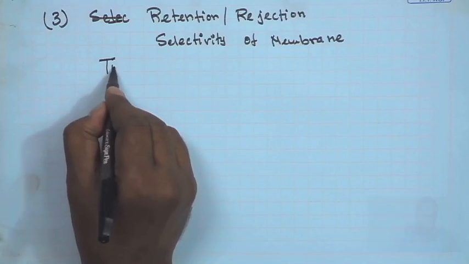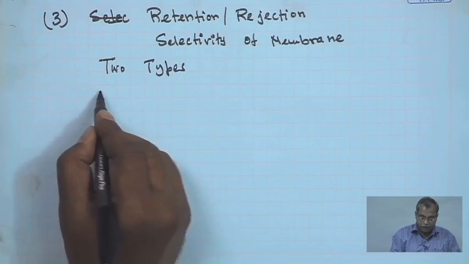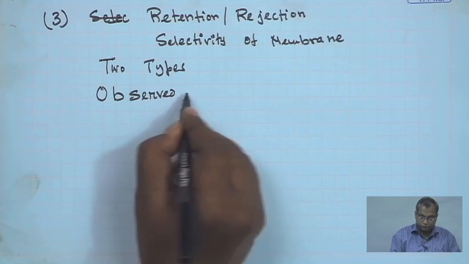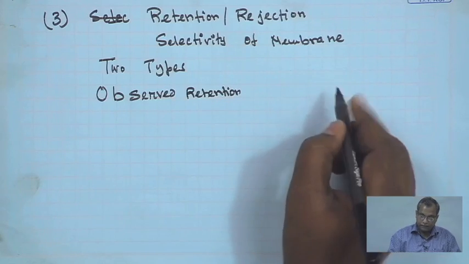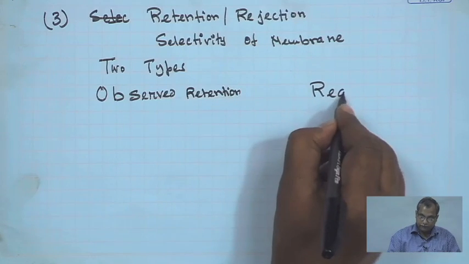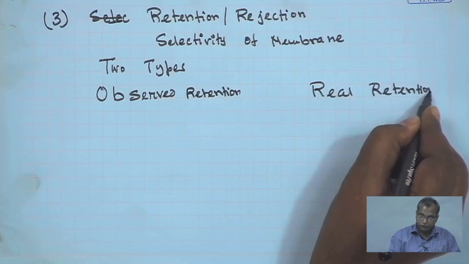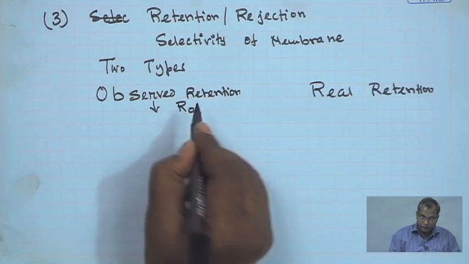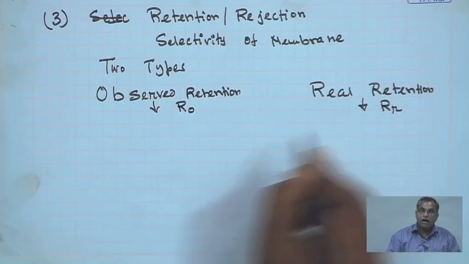There are two types of rejection or retention we can talk about. One is observed retention, another is real retention. Observed retention is denoted by the symbol R naught and real retention is denoted by the symbol RR.